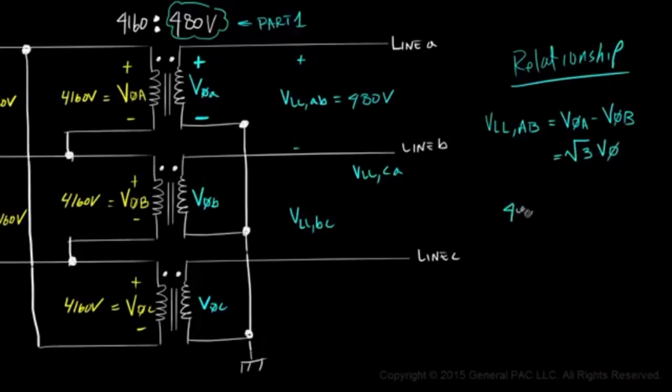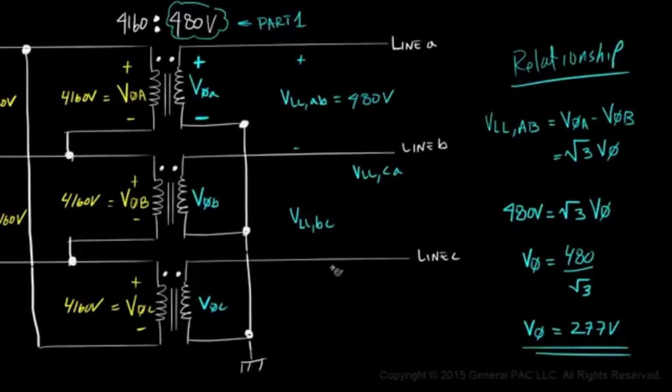Since we already know the line-to-line voltage is 480 volts, we find the phase voltage by dividing 480 volts by square root of 3, which gives approximately 277 volts. So phase A voltage is equal to 277 volts, phase B voltage is equal to 277 volts, and phase C voltage is also equal to 277 volts.